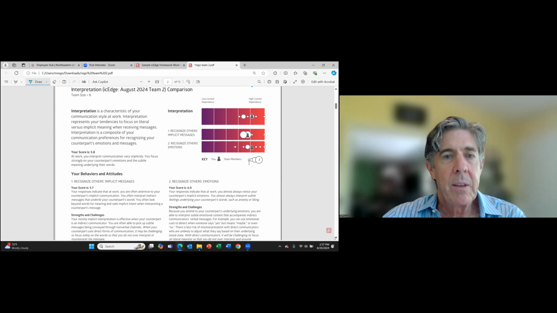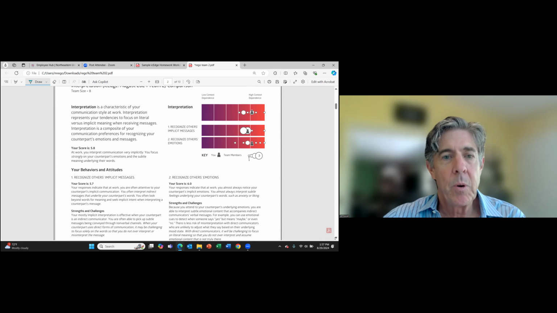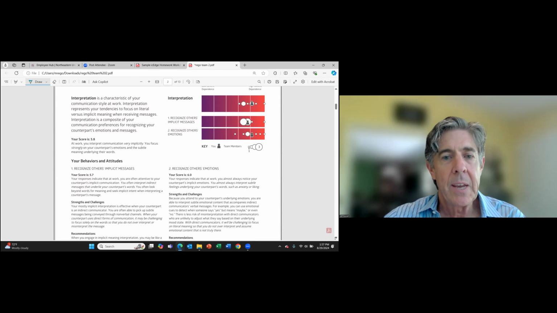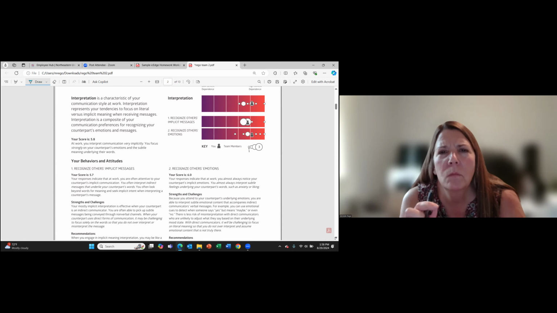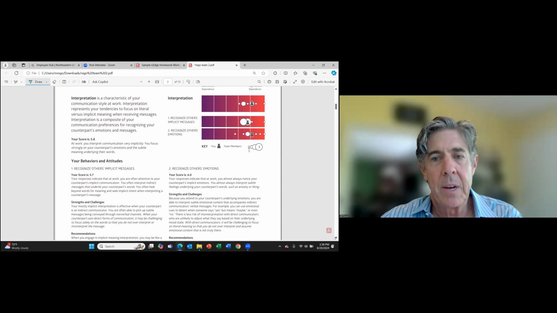So one way to do it is to scan the whole report and see where the places are where we are just not anywhere near each other. That's one strategy you can have when you have a limited amount of time. Of course, the one you're doing is not wrong.